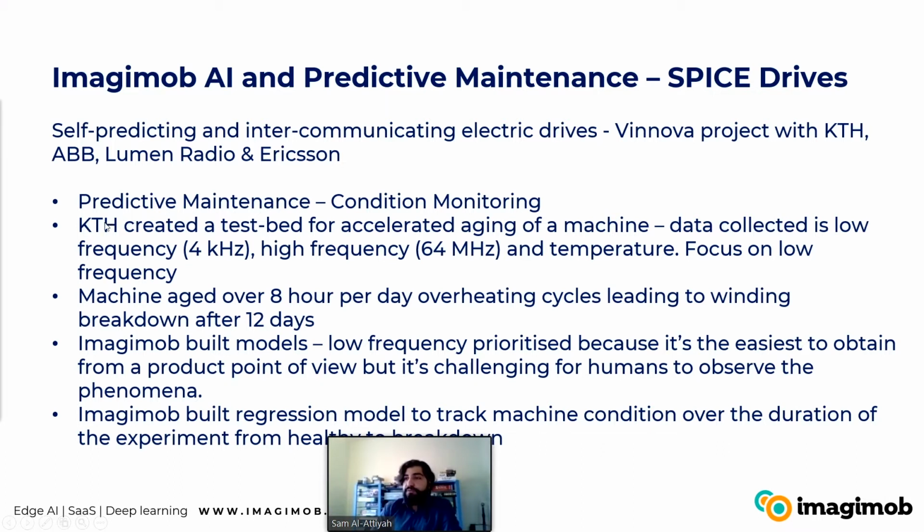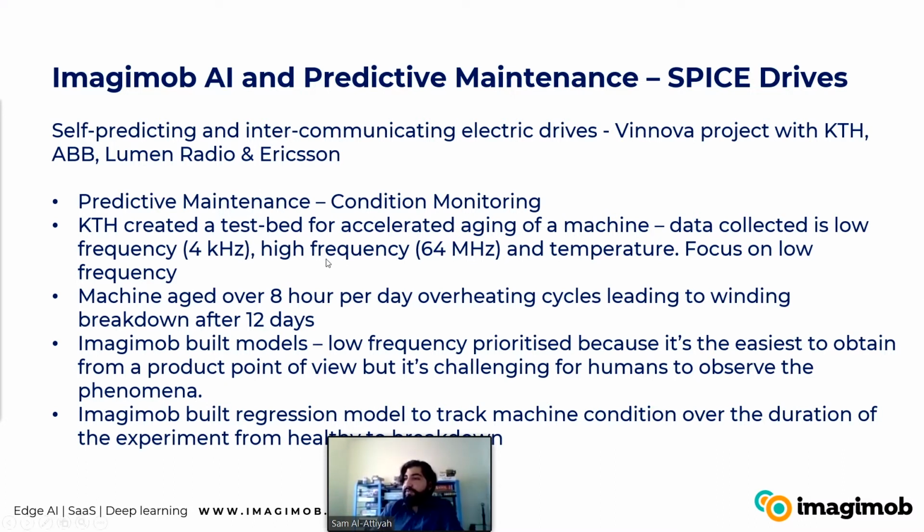In this project, KTH has created a testbed where they perform accelerated aging on a machine. The idea is that you take a machine that's completely healthy and age it, in what was supposed to be 10 days, all the way to breaking. So then we have the entire timeline of the machine from healthy to broken in terms of data.